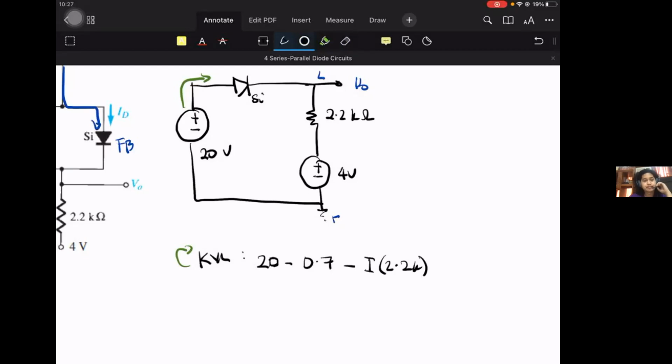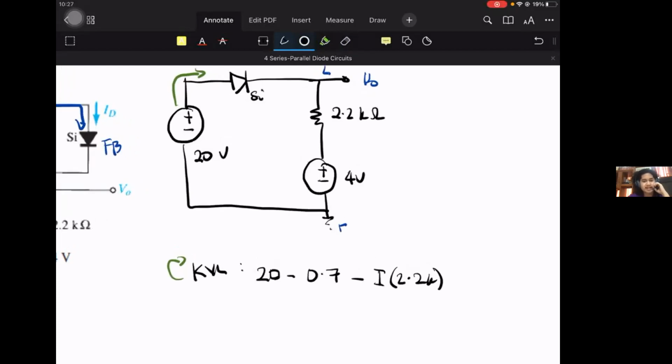Plus, sir. Minus also, sir. Is it entering or exiting? Minus, right? For 20 volts, it exits at the positive, so plus. Here, it exits at the negative, so minus. So minus 4 equals 0. Therefore, I is how much?